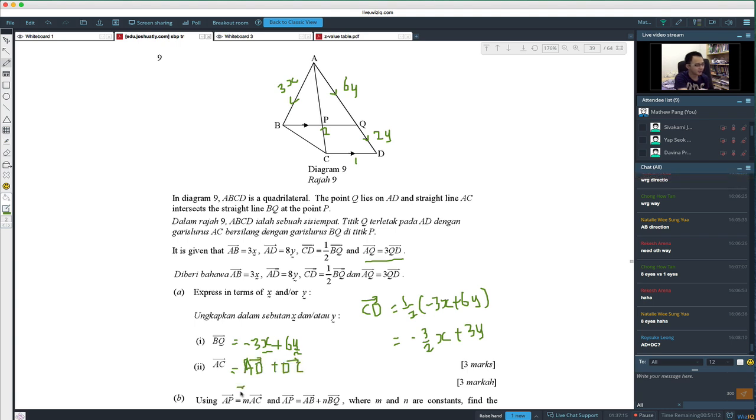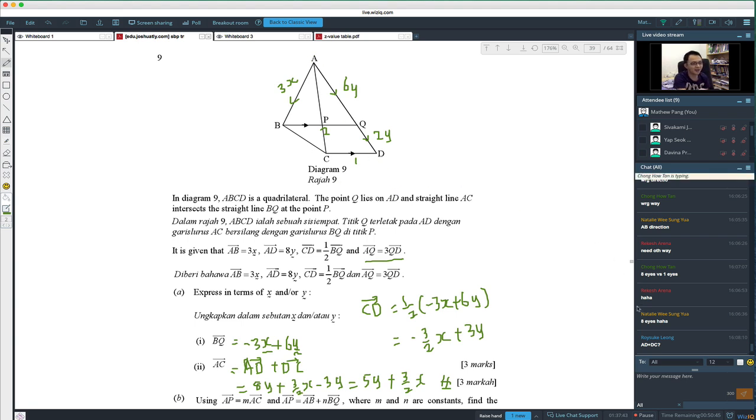CD is just the opposite direction, so DC will be plus 3 over 2x minus 3y. So I just add a negative to both. Alright, so I have 5y plus 3 over 2x. Okay, done. Yes, it's AD plus DC. You just imagine AC is AD plus DC.